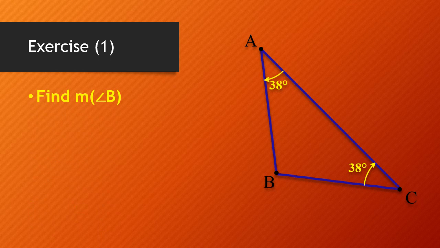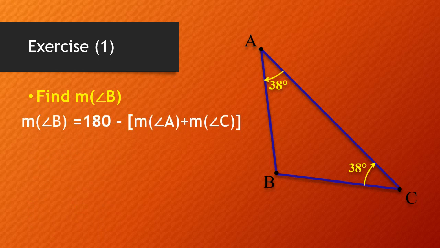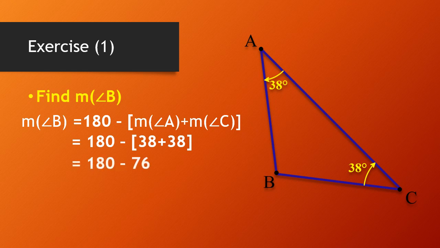Find measure angle B. Measure angle B is one of the interior angles of the triangle ABC. So how can I find the measure of angle B? Measure angle B equal 180 degrees minus the sum of measure angle A plus measure angle C, equal 180 minus (38 plus 38), equal 180 minus 76, equal 104 degrees.